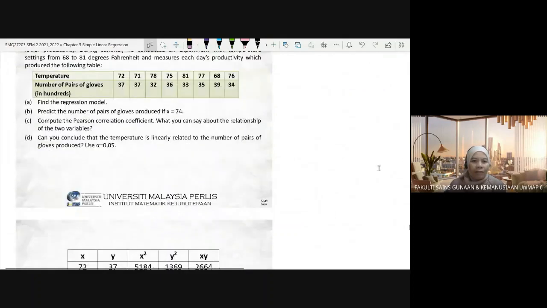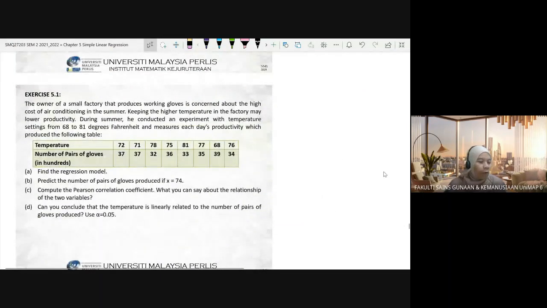Now you are given exercise 5.1. The owner of a small factory that produces working gloves is concerned about the high cost of air conditioning in the summer. Keeping a higher temperature in the factory may lower productivity. So during summer, he conducted an experiment with temperature settings from 68 to 81 degrees Fahrenheit and measured each day's productivity, which produced the following table.